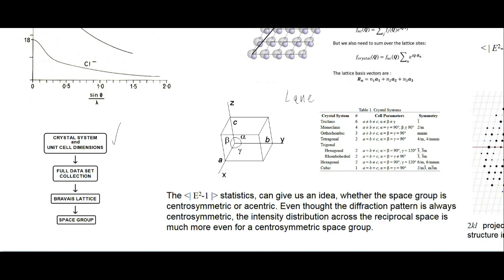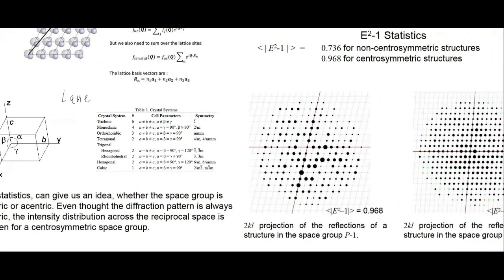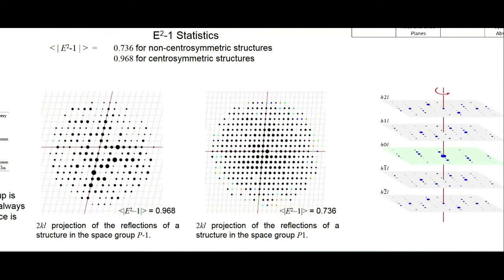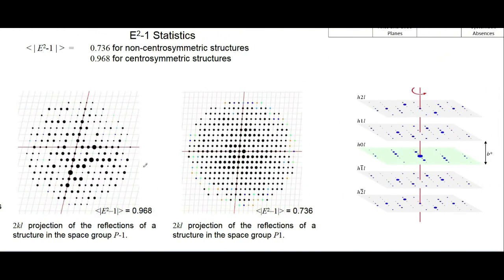And so to obtain the Laue groups, we actually want to look at the symmetry of our diffraction data. So you can see up here, this shows a rotational symmetry. If you rotated this 180 degrees, you would end up with the same diffraction pattern.